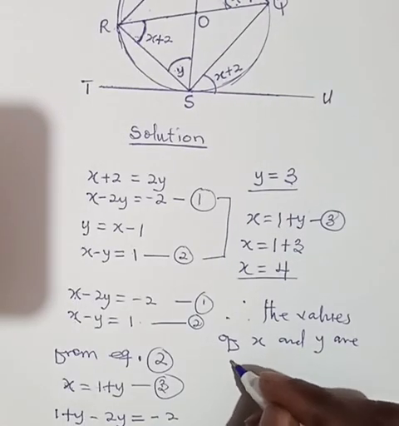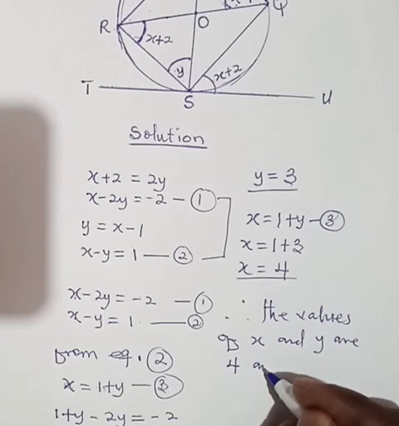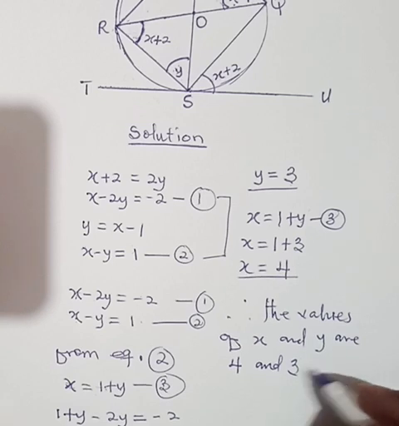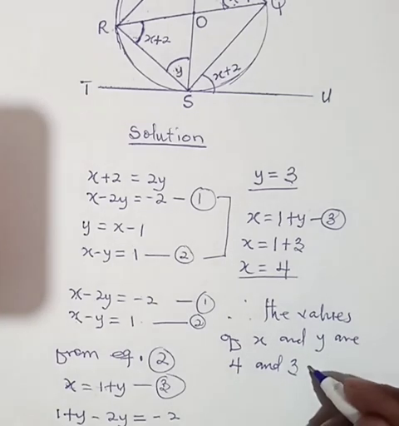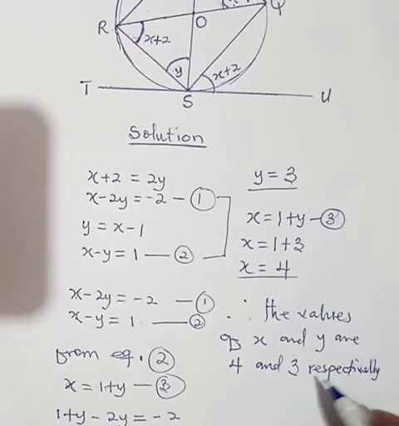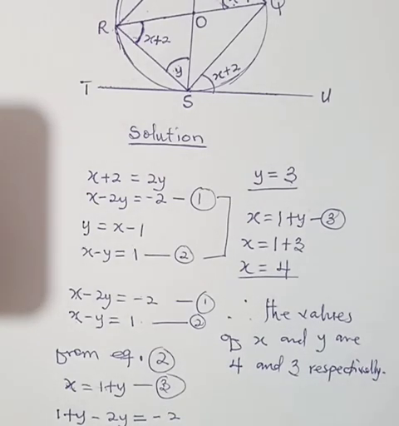We got 4, and then we got 3 for y. So we can say 4 and 3 respectively. Good. So this answers the whole question.